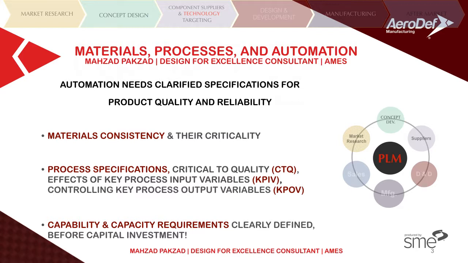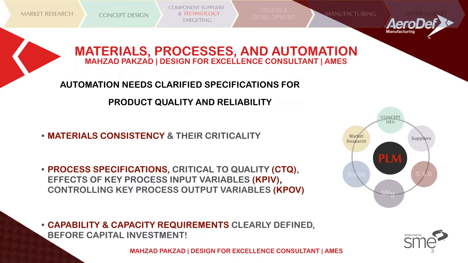Automation requires clarified specifications for product quality and reliability. Actually, all products need clarified specifications, but it is not unusual for people to be running operations, and every now and then you find quality people and production people arguing about what is an acceptable quality or is not. There are often gray areas for what is acceptable quality and what is not.